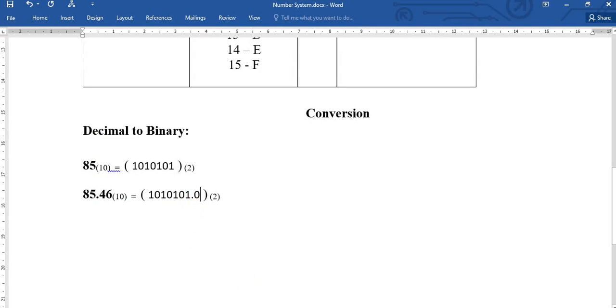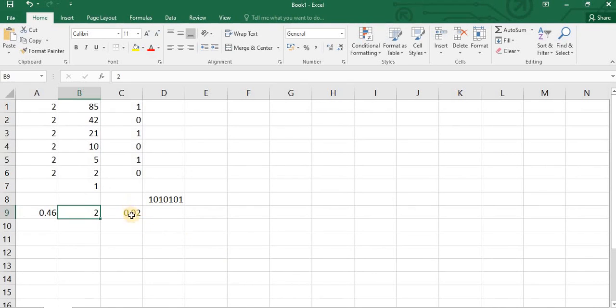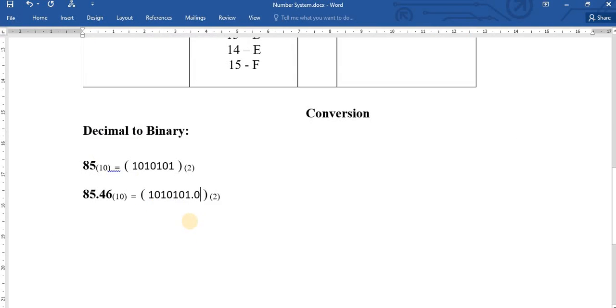Okay, next, now you have the decimal part 0.92, and you have to again multiply it by 2, so you have to repeat it again. So now you will get, before decimal you are getting 1, so here write down 1.